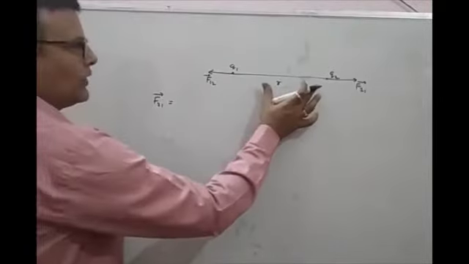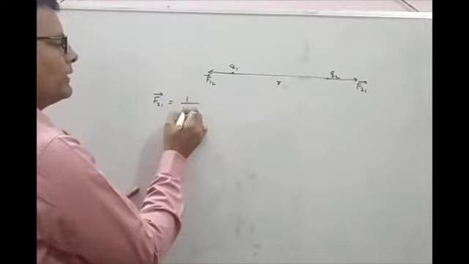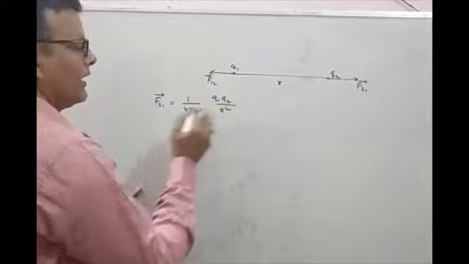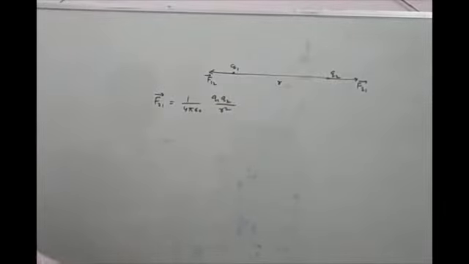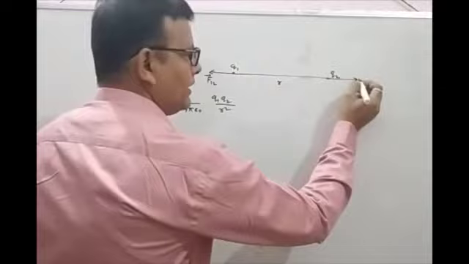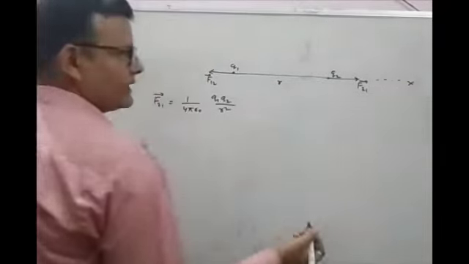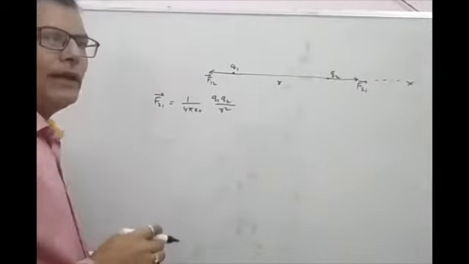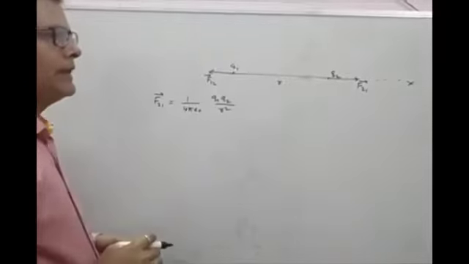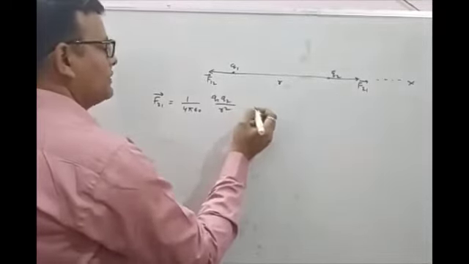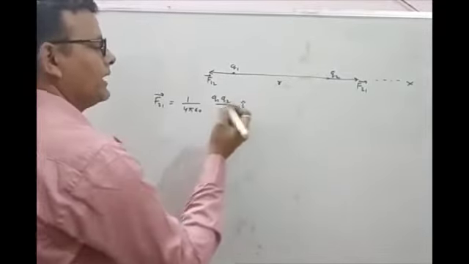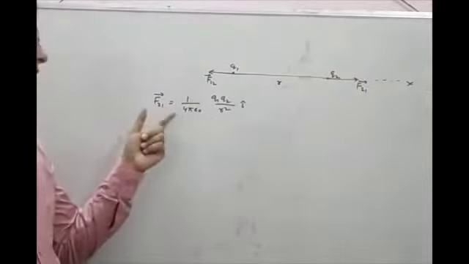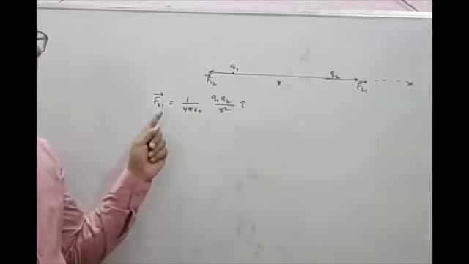So the magnitude of force will be 1 by 4 pi epsilon naught q1 q2 by r square, and its direction, suppose this is x-axis, the direction of F21 is along positive x direction, and we have a unit vector along positive direction called i cap. So direction is given by i cap. This is also Coulomb's law in vector form, the magnitude and direction of force.